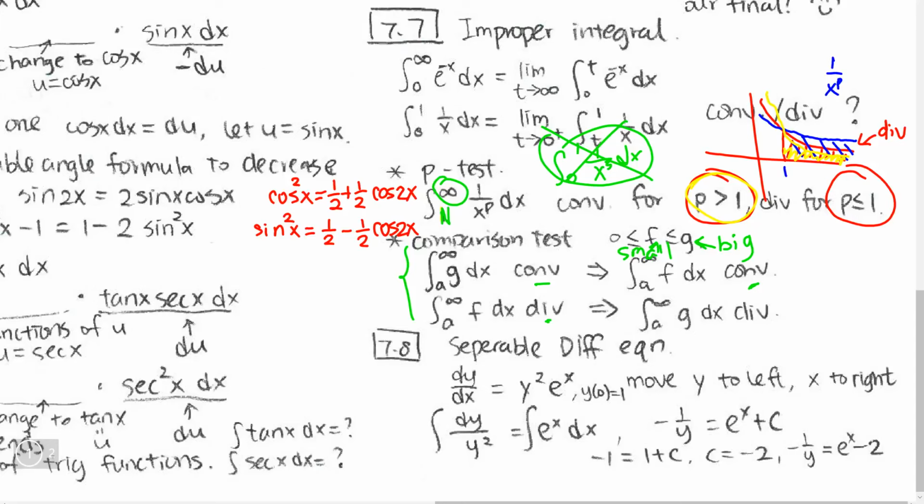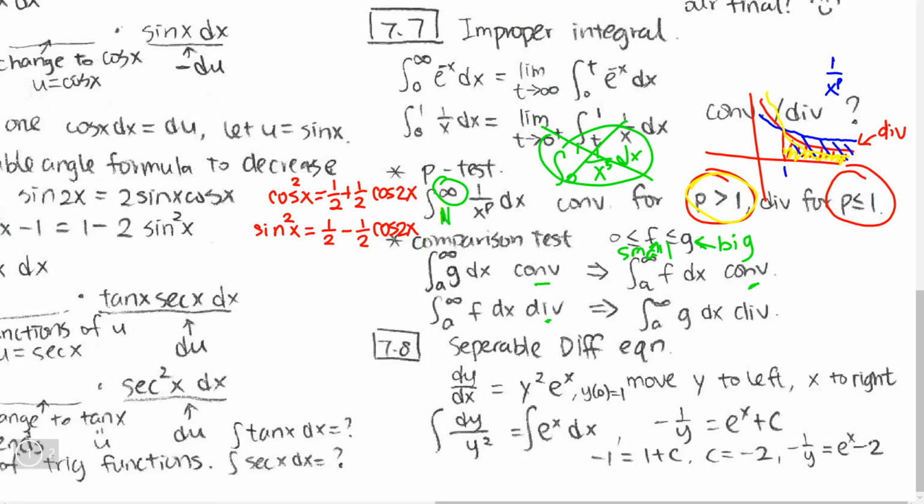When x goes to infinity, the dominant term dominates. So you can look at the dominant terms and figure out the 1 over x to the p, what the p value is, then you can use the comparison test to relate to this integral, and then you can make a conclusion about that.